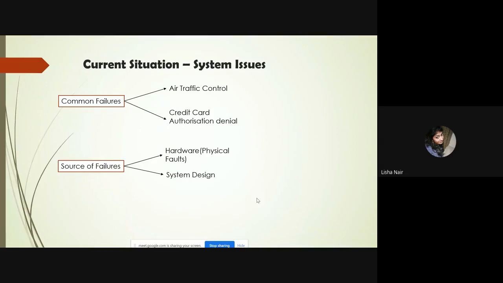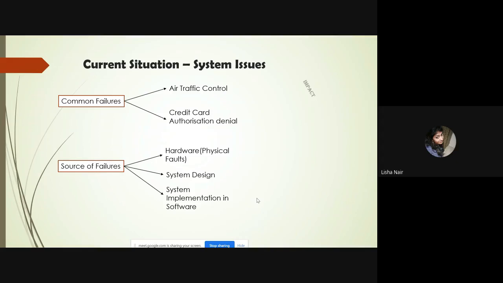When we have defined a bad design, it might cause failure, and then the implementation of the software. But what we normally find in this industry is primarily hardware failure. That's why we have maintenance, where we have to maintain the hardware of the system that we are working on as well. So maintenance of the system is very important.